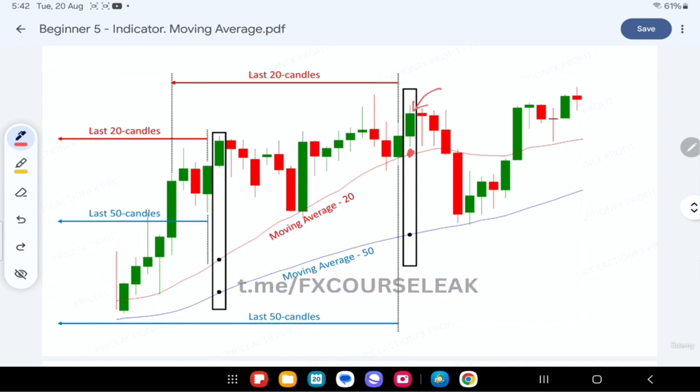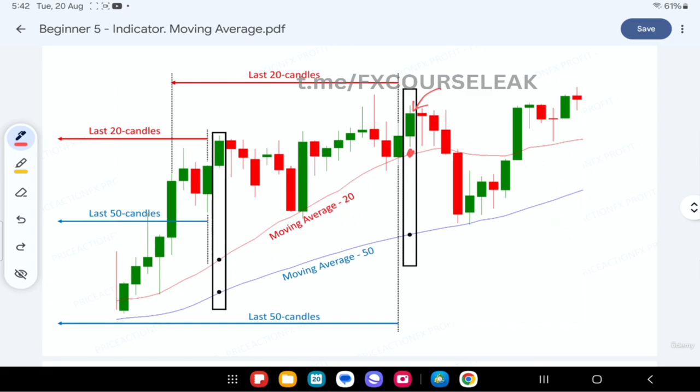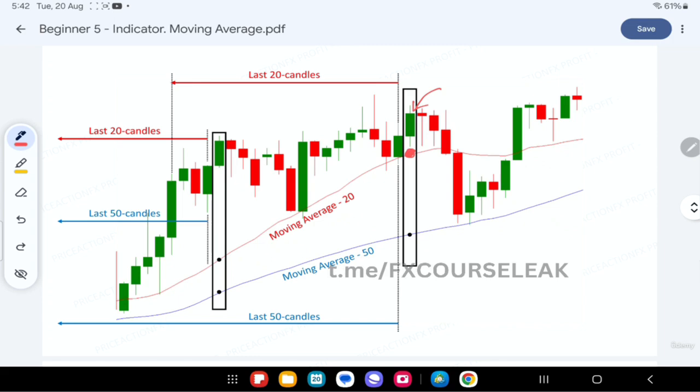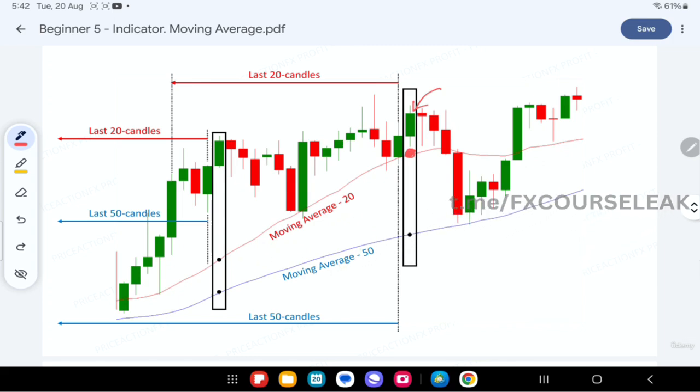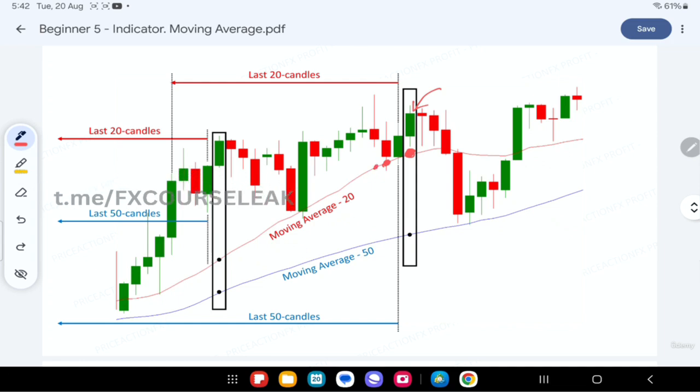How does it get the point there? It calculates the last 20 candles before each candle to get the average price. So for this candle, the average price of the last 20 candles is here, the last 20 is here, the last 20 is here, and the last 20 is here.